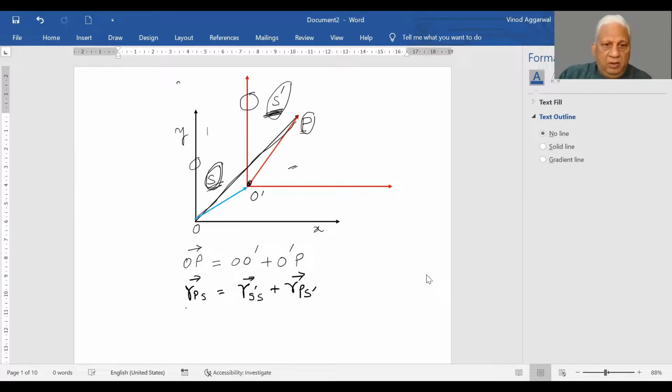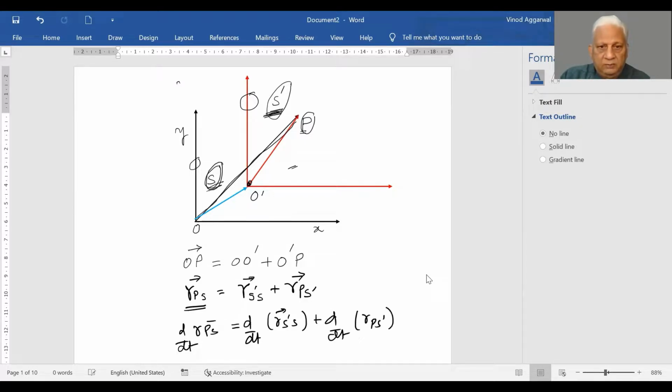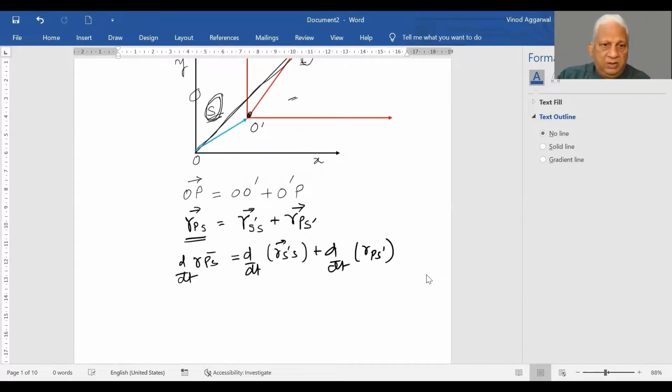Now, if the particle P is moving, let's differentiate both sides. d by dt of the first term is equal to d by dt of the second term plus d by dt of the third term. Now what is this? This is nothing but the velocity of particle P as seen from the S reference frame.